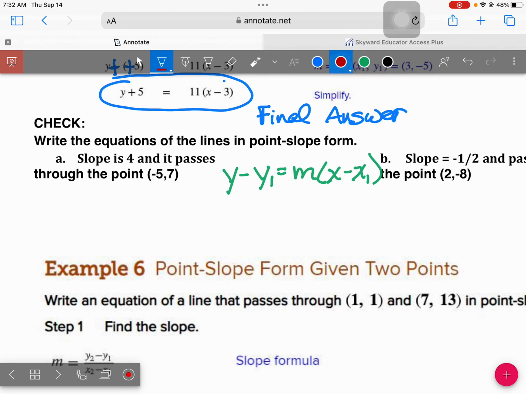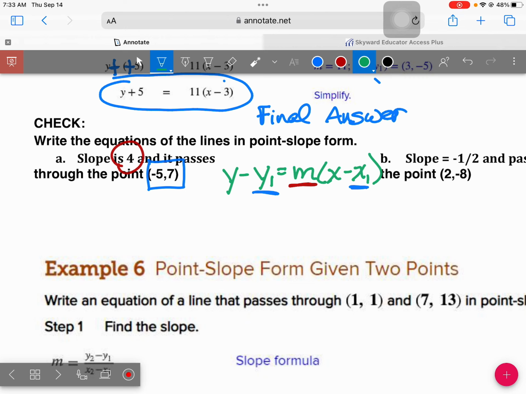My slope is 4. That's going to go where m is. And my point is negative 5, 7, which goes in these two spots. So all we need to do is substitute those values in.